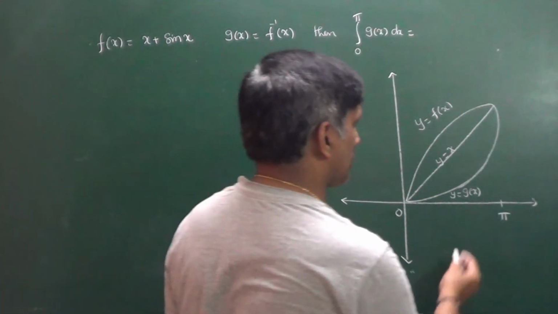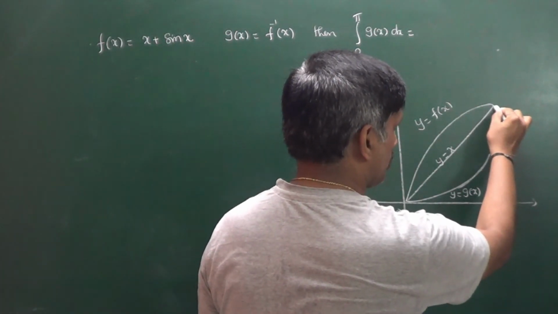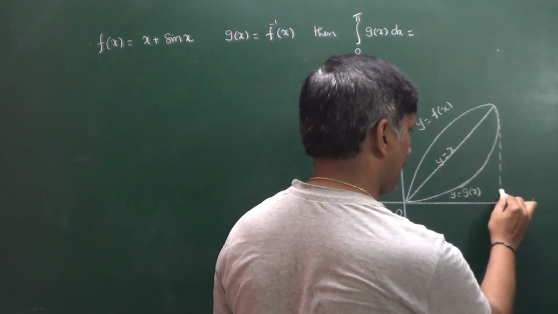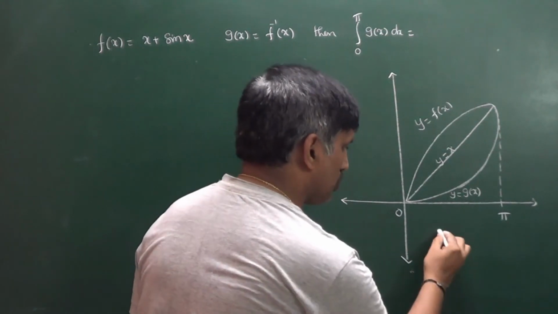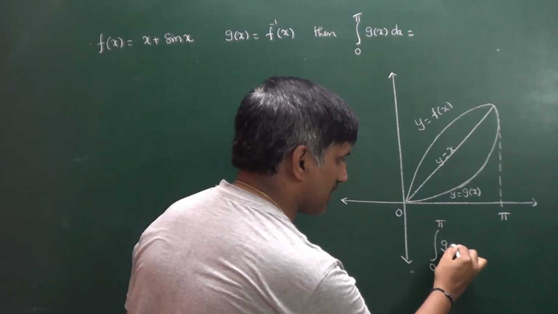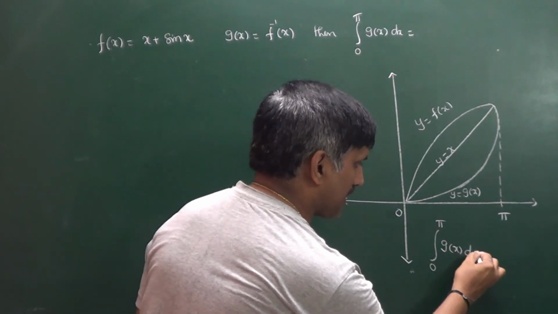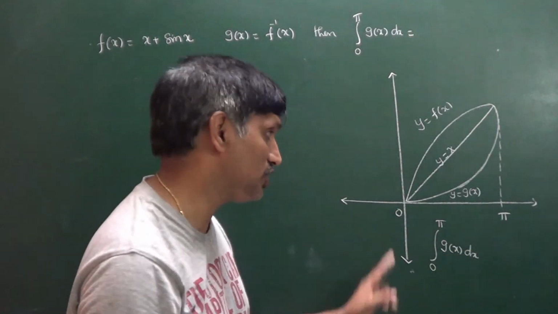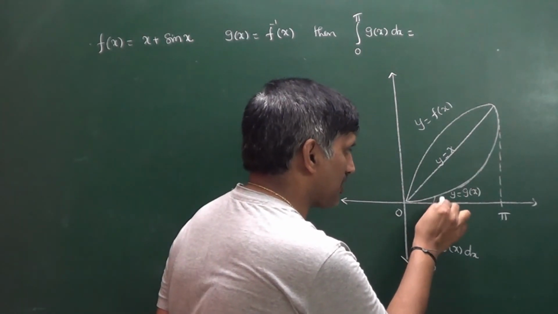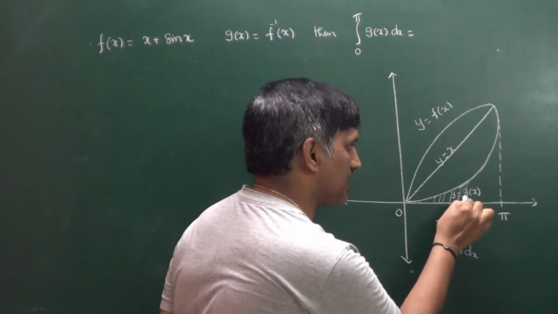Now the question is asking integral 0 to pi g of x dx. Pay attention here. Integral 0 to pi g of x dx is asking. That means we have to find out the area of the shaded portion.